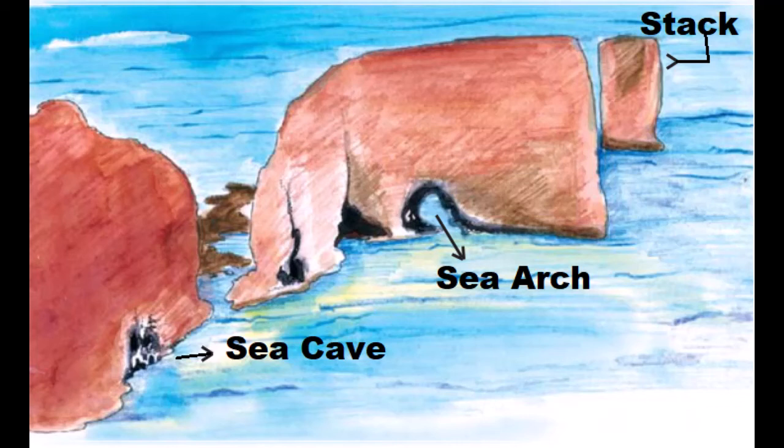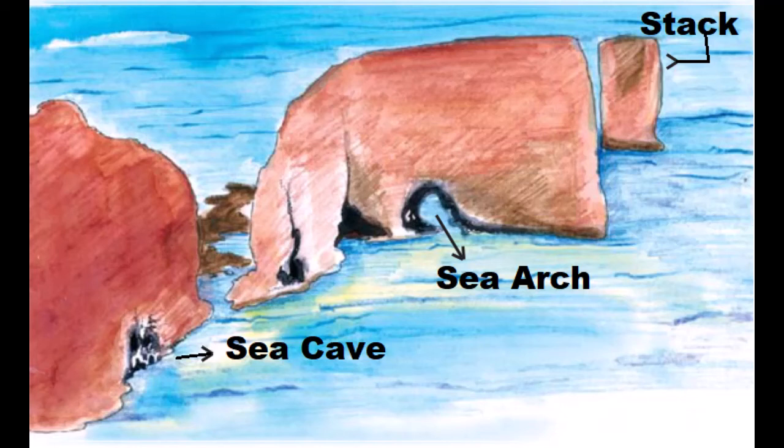Due to the continuous action of sea waves, cavities develop into sea caves. On these sea caves, there is a continuous attack on both sides. A through passage is created, and this is called a sea arch.